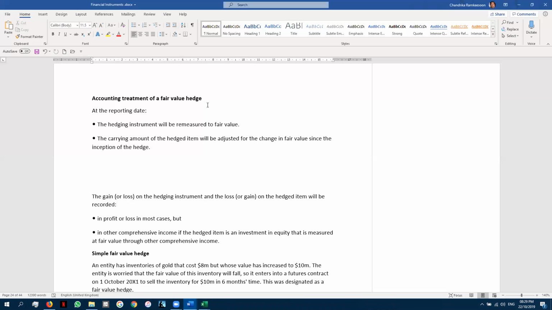But the gain or loss would be recorded in other comprehensive income if the hedged item is an investment in equity that is measured at fair value through OCI.